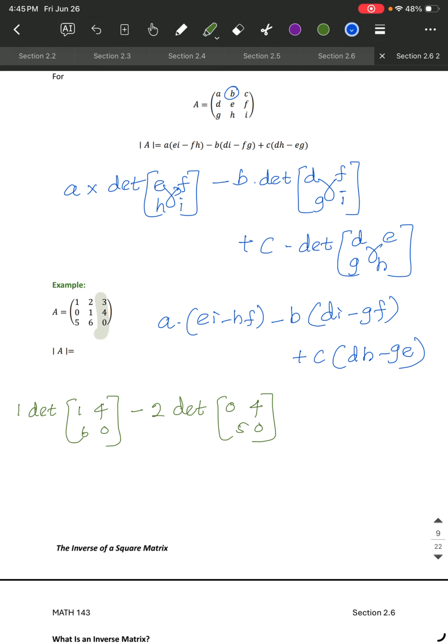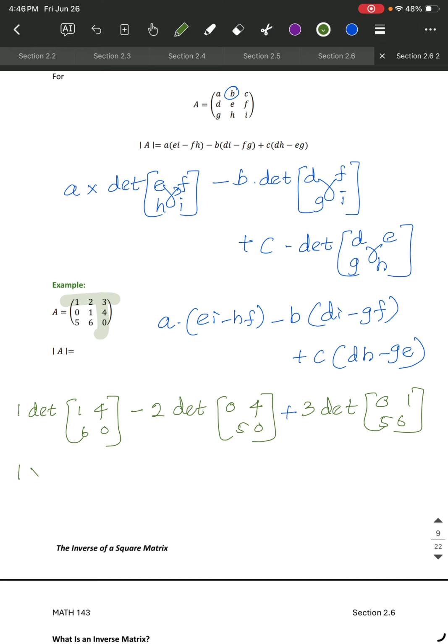Next, plus 3 times determinant of 0, 1, 5, 6, right?